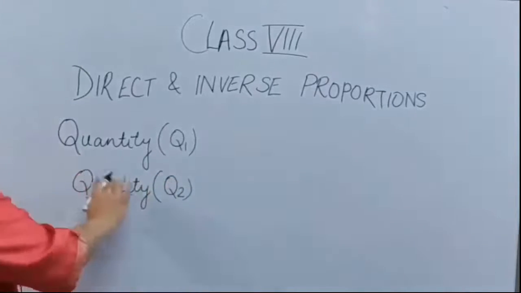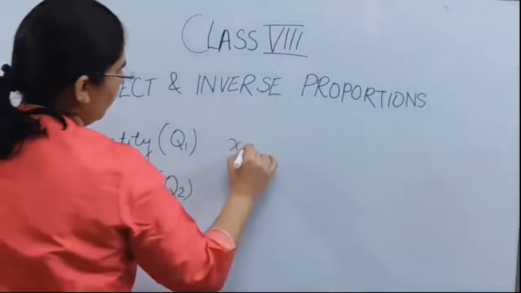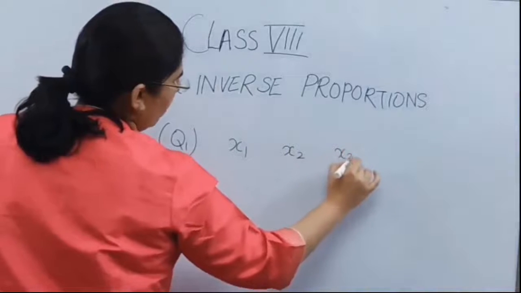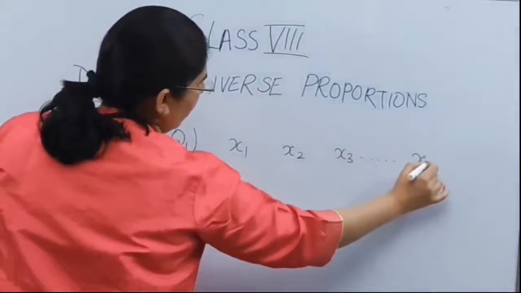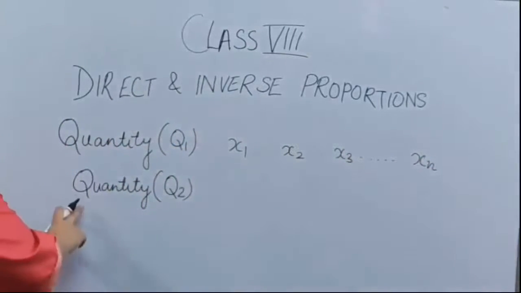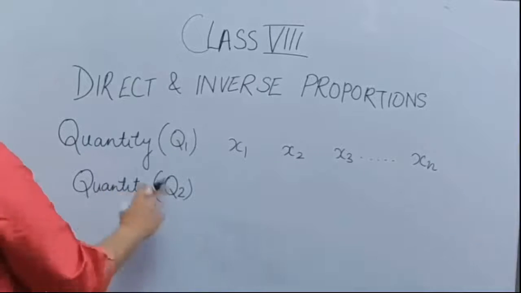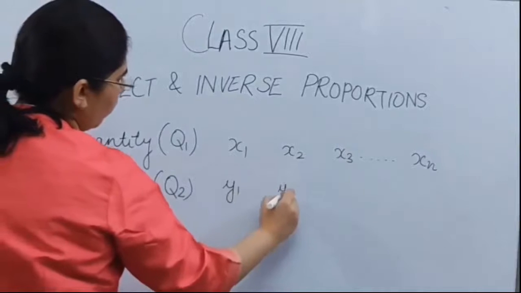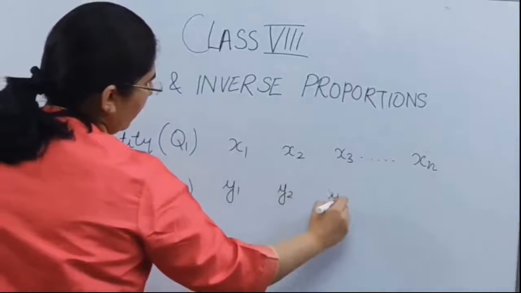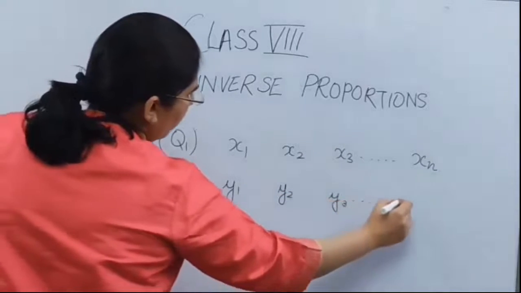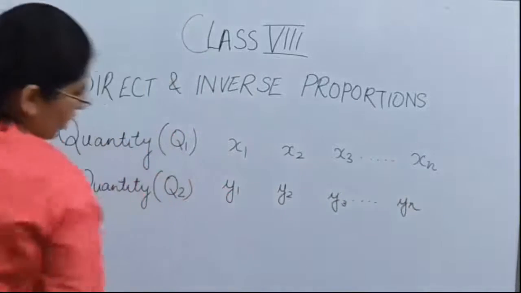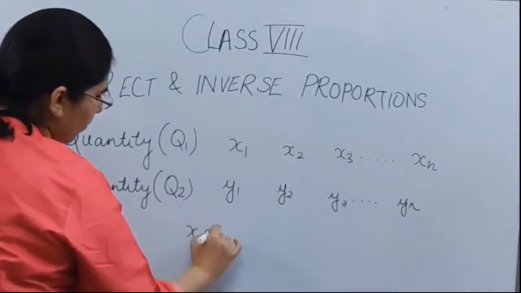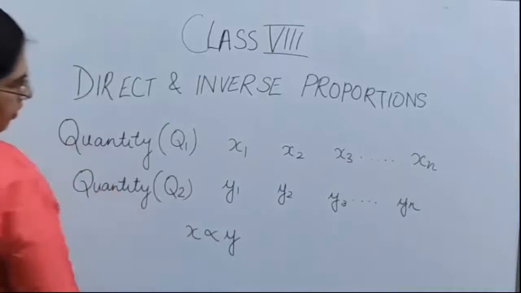And this quantity assumes different values x1, x2, x3, so on till xn, and correspondingly quantity Q2 assumes values y1, y2, y3, so on yn. So, we say that x is directly proportional to y.